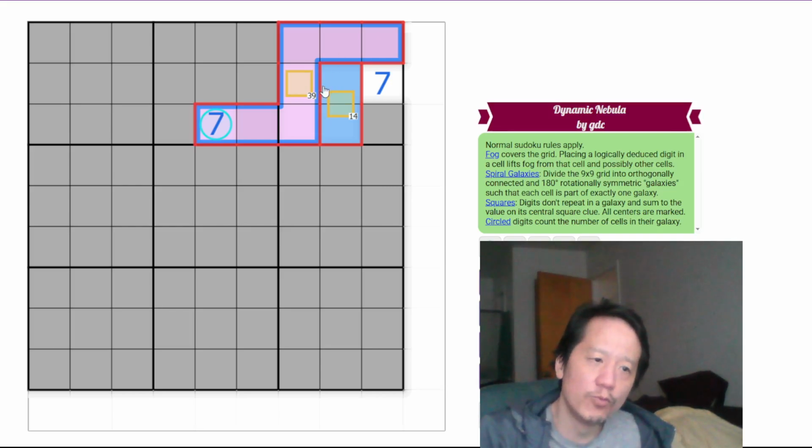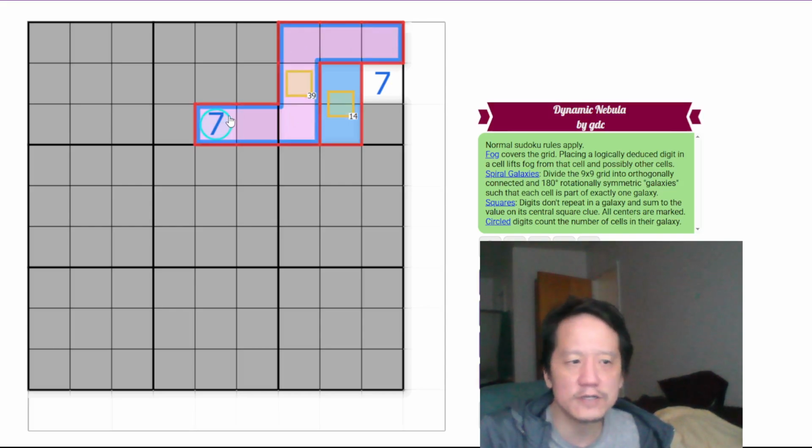Well, whatever digit this is, it's 5, 6, 8, or 9. That means that digit has to be here, but this digit sees all of these digits. So this digit, whatever it is, cannot be in this 39 galaxy.